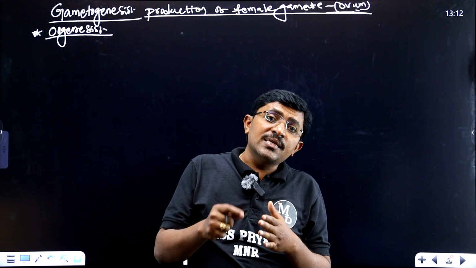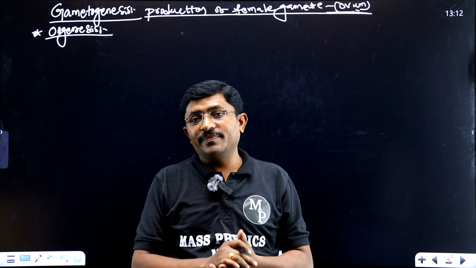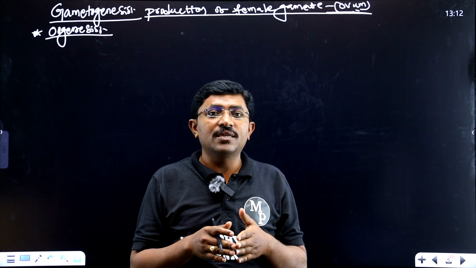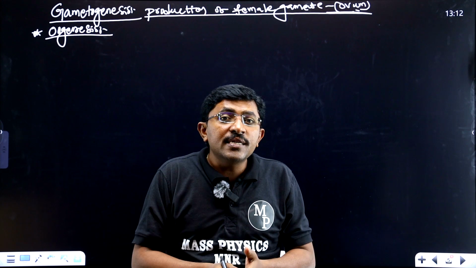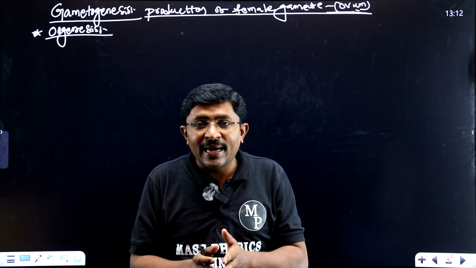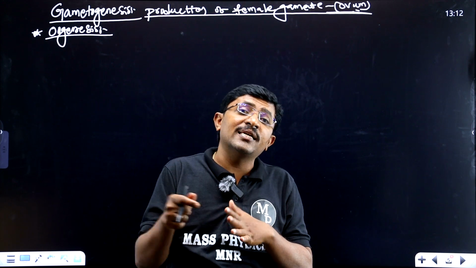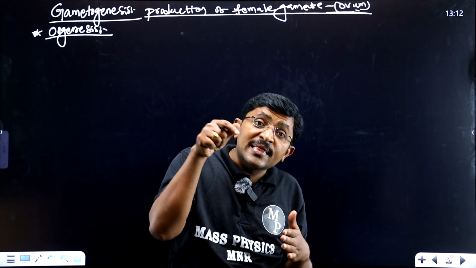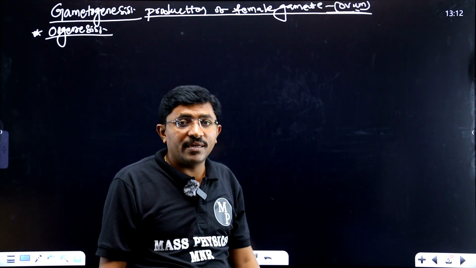Spermatogenesis begins in the human male at puberty age only, but in human females, oogenesis begins when the female is in the fetal stage.